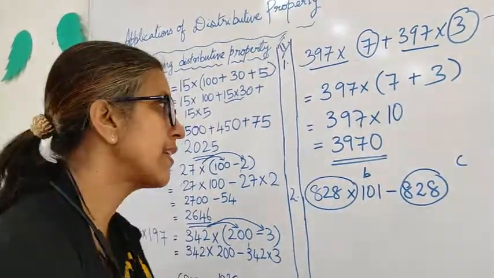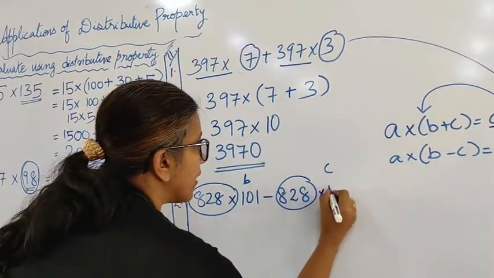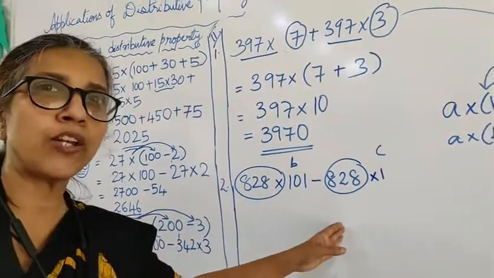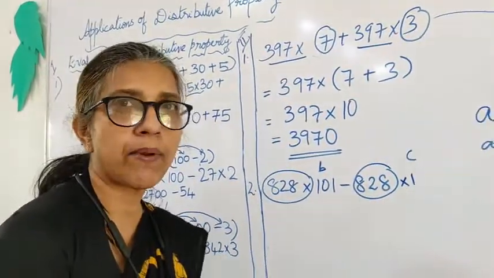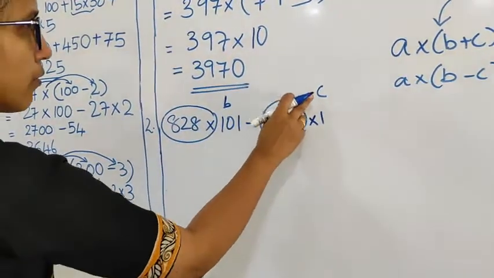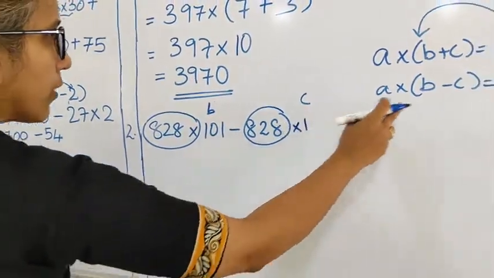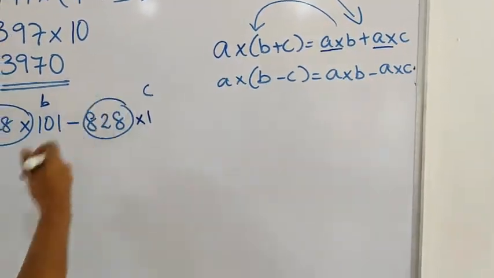How will I create? If I multiply 828 into 1, is there any change in value? No. 828 into 1 is same as 828. So A into B minus A into C. What is it? A into B minus C.